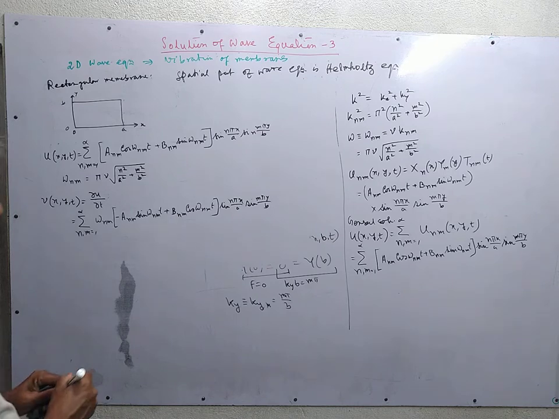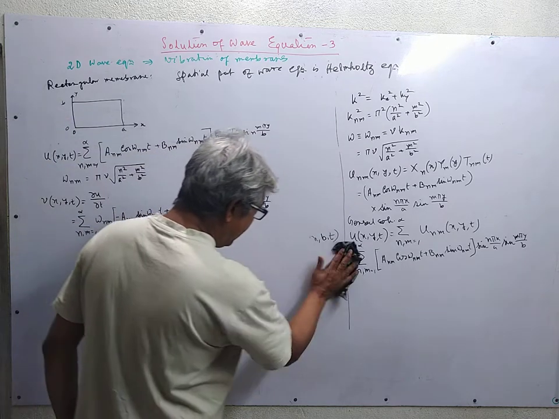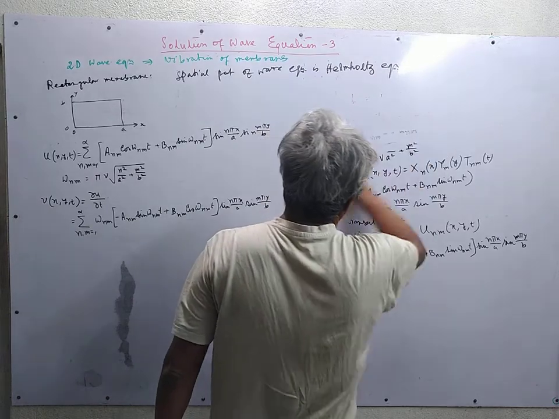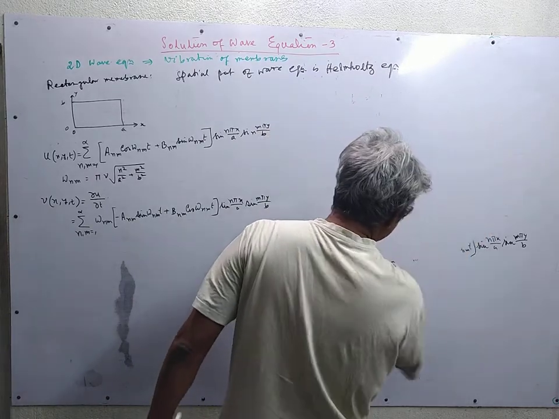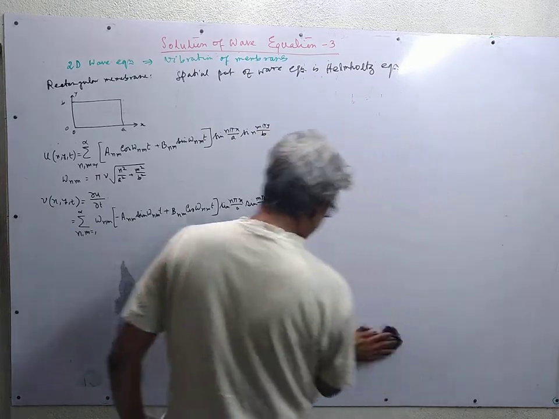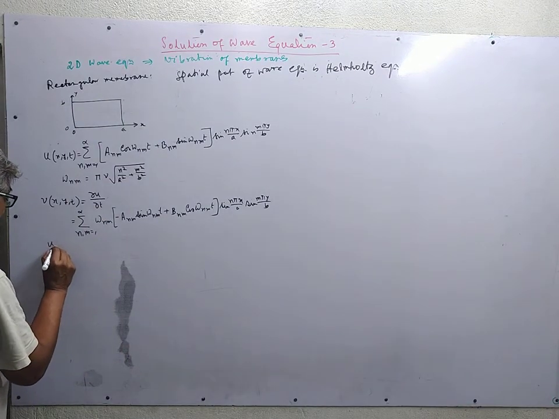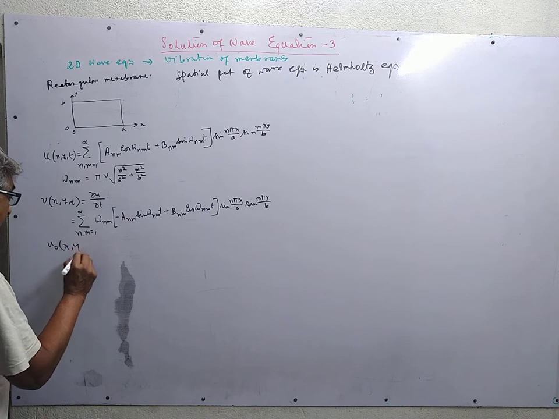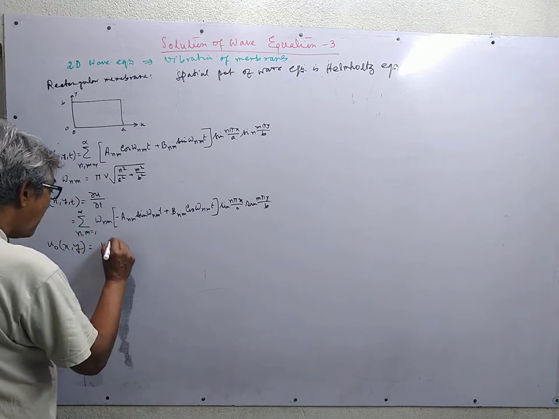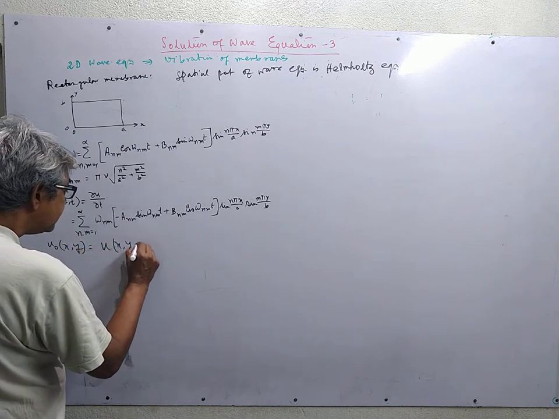The initial conditions are generally supplied as the initial displacement and initial velocity. So we call u0 of x y as u at x y, 0.